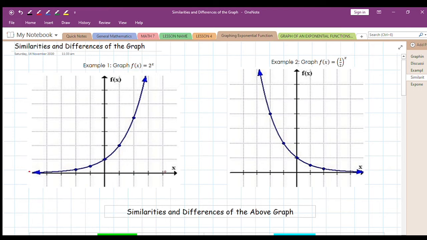We all know that our y value here is from 0, rather greater than 0, until infinity. The graph does not cross or intersect this horizontal asymptote. So our y value, or range, is greater than 0.